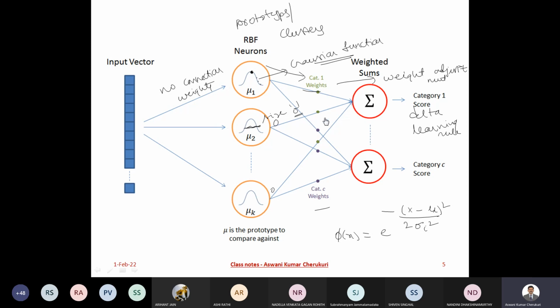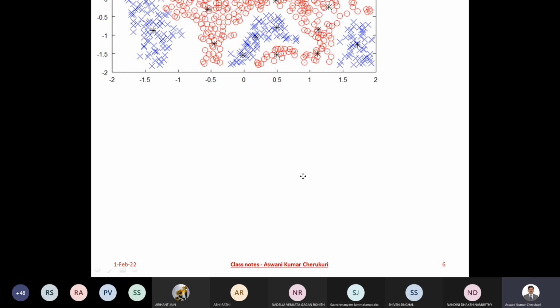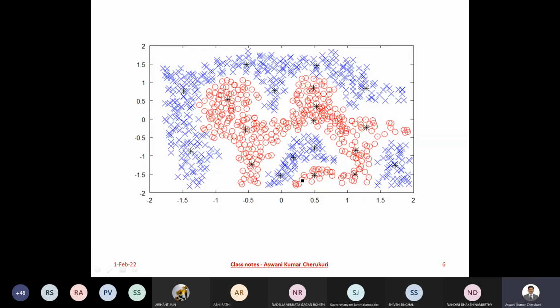So fortunately, I have got it in one of the blogs. I'm just trying to get those images and then show them for your better understanding. I hope all of you are able to see the screen, right?